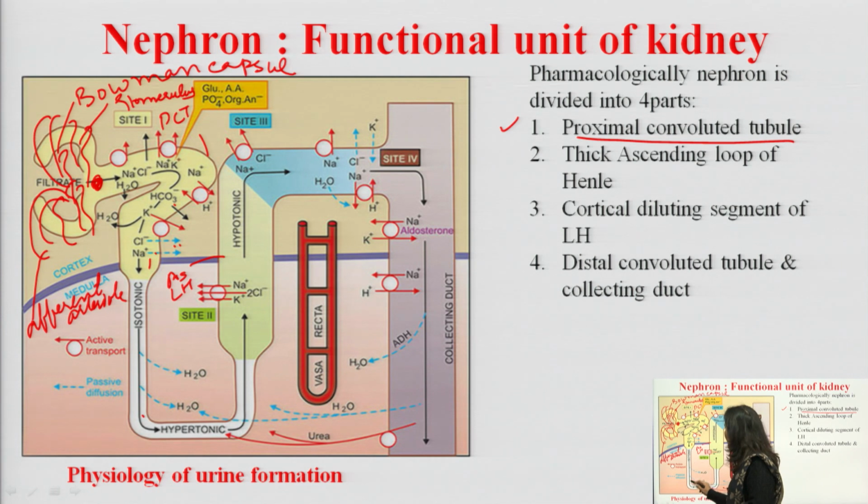Here, cells are permeable to water but impermeable to sodium. In the descending loop of Henle, cells are permeable to water but impermeable to sodium. So, sodium is retained in the lumen and water gets reabsorbed.